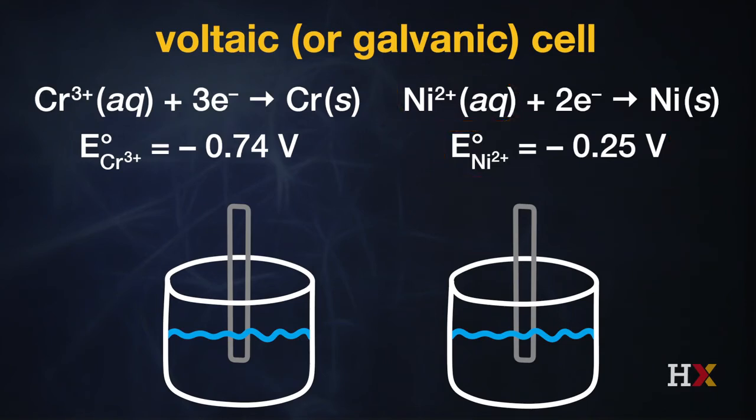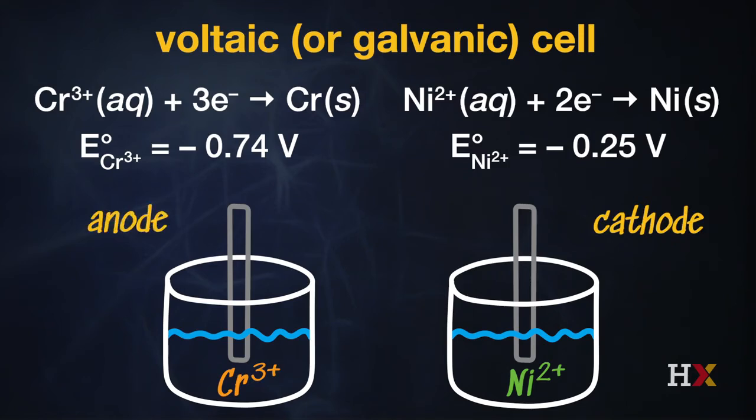So we know that we have nickel 2 plus on the right-hand side, and we've got chromium 3 plus in solution on the left-hand side. We know that this is going to be the cathode because it's the winner of electrons, and this is going to be the anode, which is the loser of electrons because oxidation occurs at the anode.